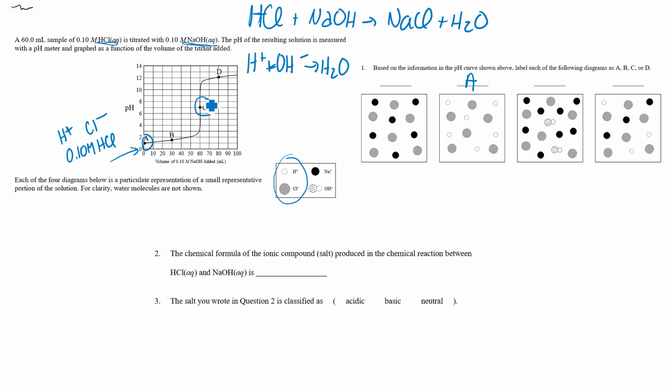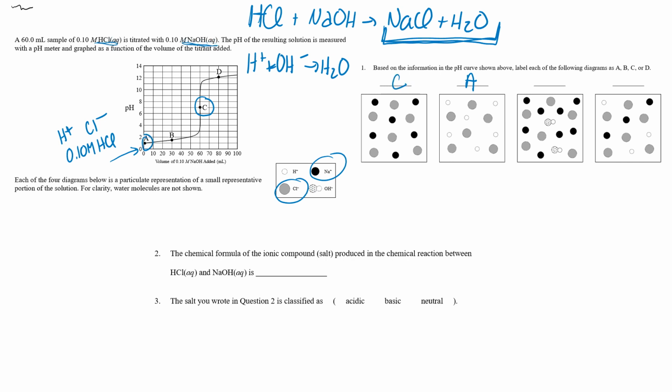I'm going to do the equivalence point next. At the equivalence point, I'm going to have just the products of this reaction. So I'm looking for one that has sodium ions and chloride ions and water, but the water is not being represented. So I'm looking for one that just has sodium and chloride in it. So that looks like this one right here.